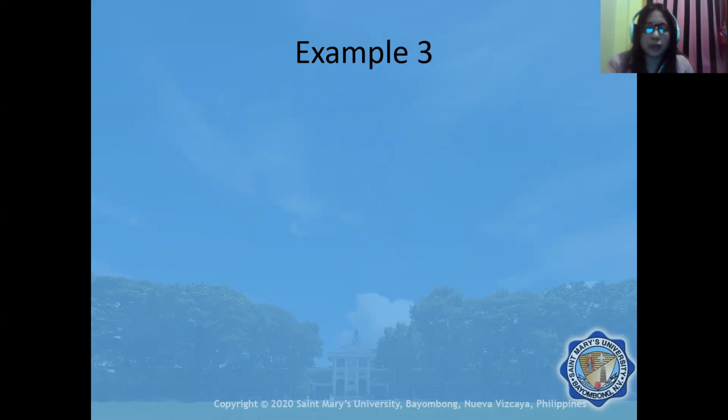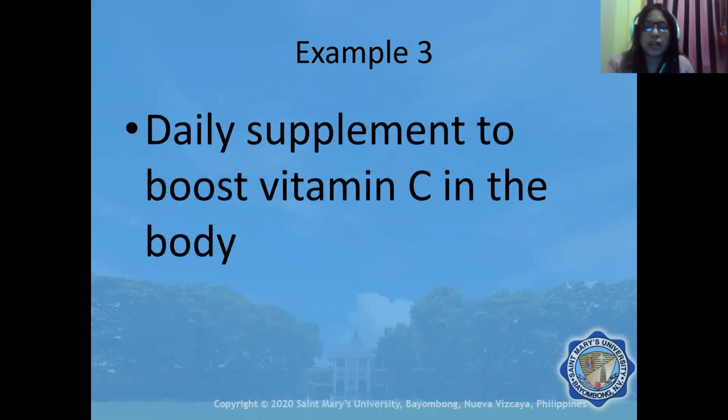For example number 3, daily supplement to boost vitamin C in the body. It can be, for example, a comparison between brand A and brand B. The type of vitamin C supplement does not affect the amount of vitamin C in the body. That is a biological null hypothesis.